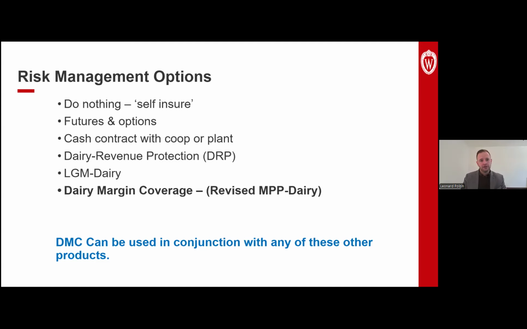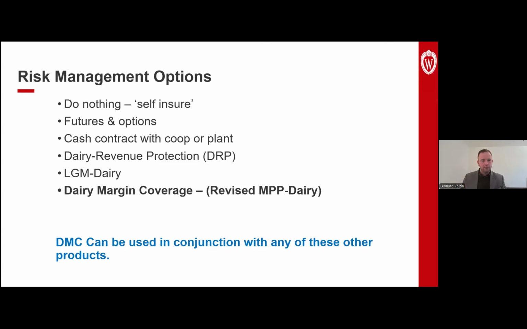And then on the revenue side of things, you can use DRP, dairy revenue protection. You can use LGM Dairy, which is livestock gross margin dairy, and dairy margin coverage, which is what we're talking about today. The one big thing to note is that dairy margin coverage can be used in conjunction with any other product, right?